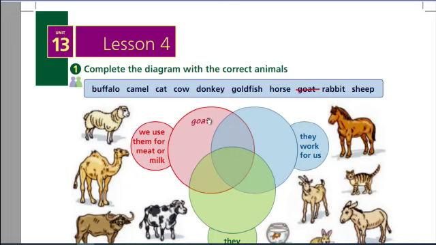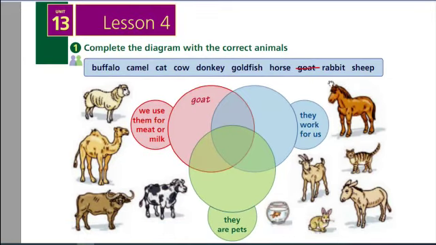For example, we got goat, cow, buffalo, sheep, and maybe camel. Not maybe, but sure, camel. Okay, this is for the animals we use for meat or milk.